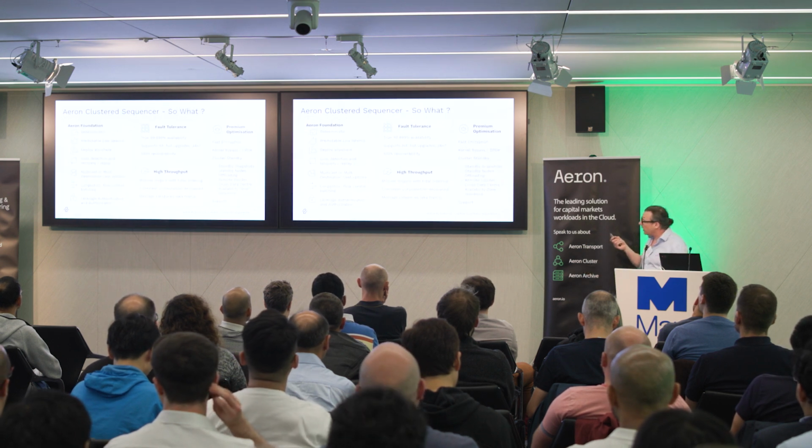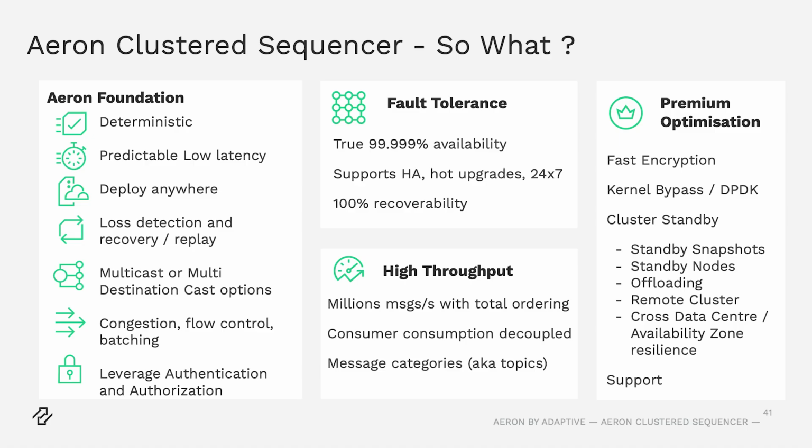And then this page talks about, well, why do we think it's special? This stuff on the left, the foundational stuff, is the reason that many of you are sitting here today, for why we think Aeron is different and cool in the market.